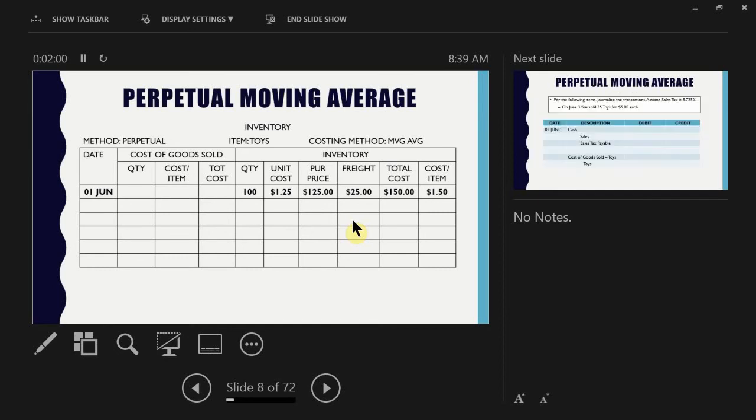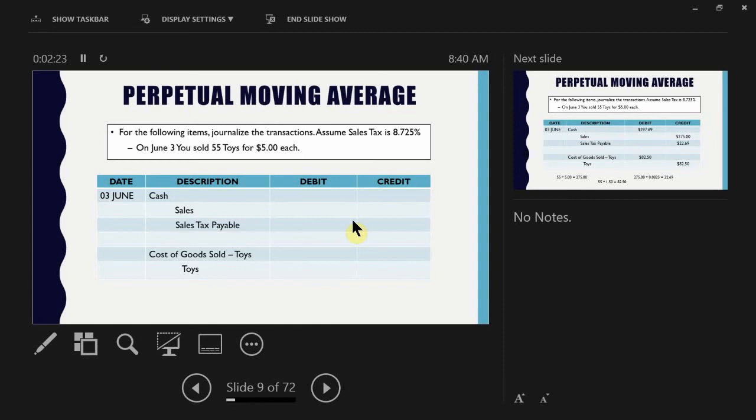And here we only have one batch, so our average cost per item is going to be the same, because there's no other batch to add up together, right? So our cost per item here is the same as our average cost per item.